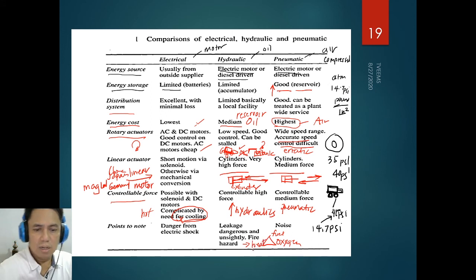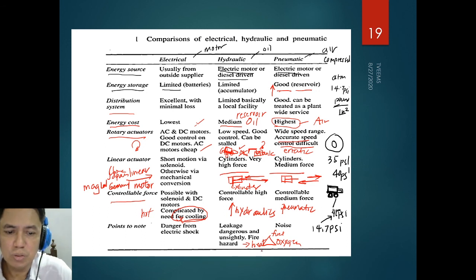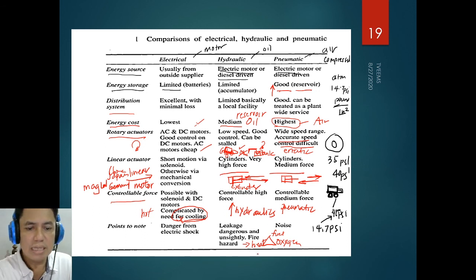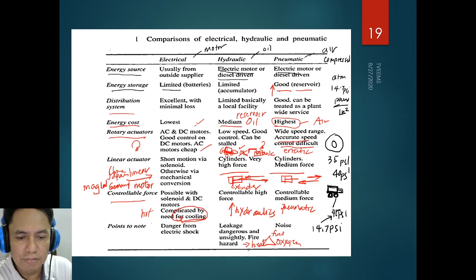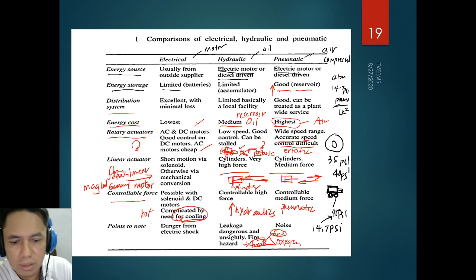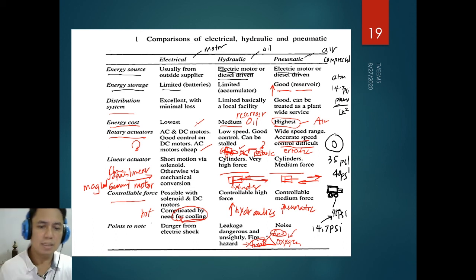If you are using hydraulics too much, then the oil gets heated up because of fluid friction. So if there's heat, and there's a fuel, which is the oil itself, and then there is oxygen or air, then you could have combustion or fire, which is very dangerous to a plant. So that is the three elements of fire, or the fire triangle.